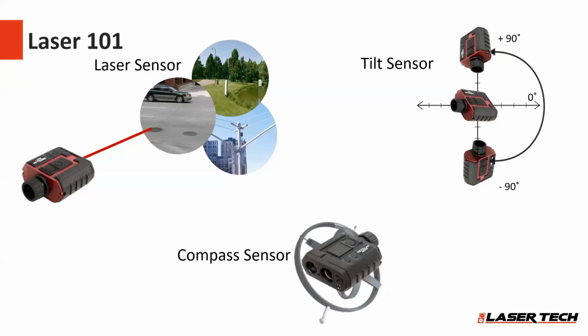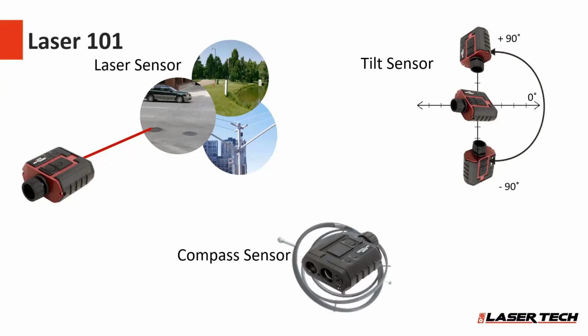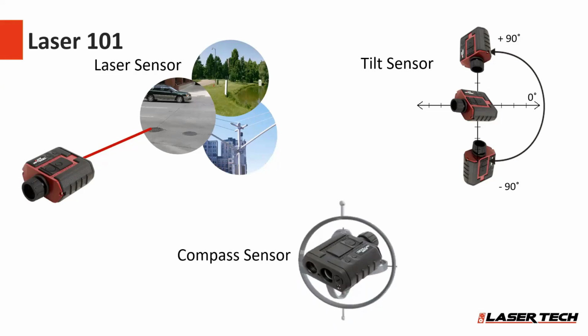What that means is reflectorless technology, where I can get a measurement, a range to almost any type of object in a line of sight. I can't go around corners or anything. So if you can see the object and it's got some reflectivity to it, we can get a measurement to it. We get some distances over 3,000 feet, but I'll talk about specifications shortly for the different models.